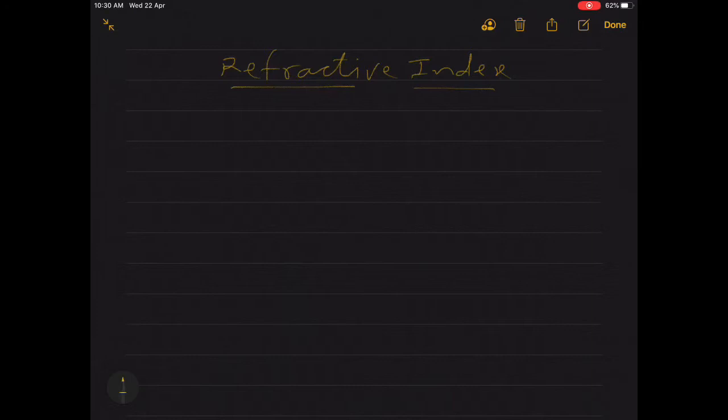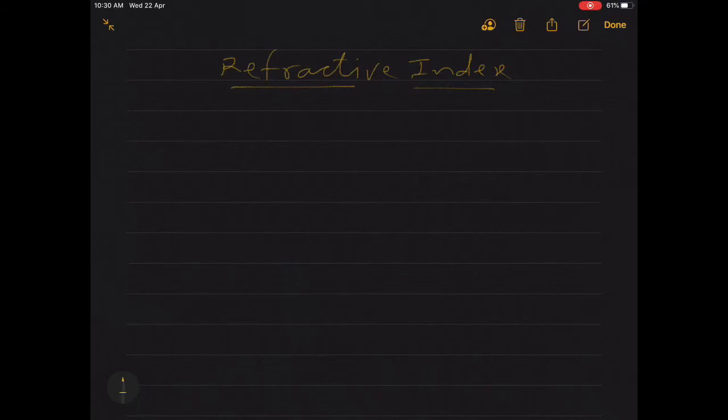And we know that when a ray enters from one optical medium to another, either from rarer to denser or denser to rarer, it deviates from its original path. So refractive index is the term related to the bending ability of the medium towards the ray of light.